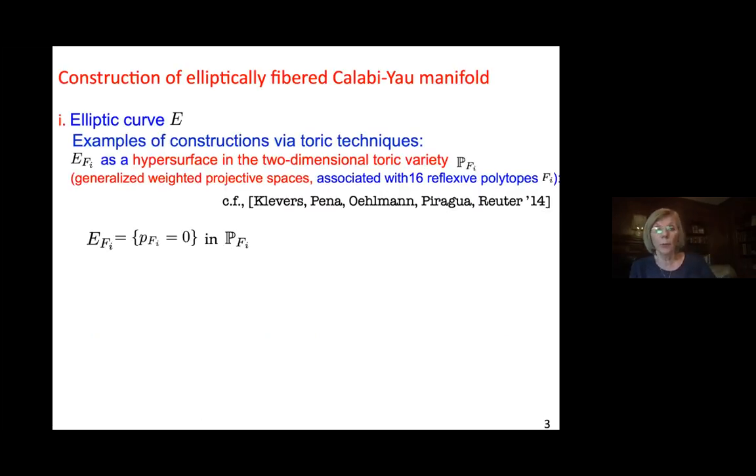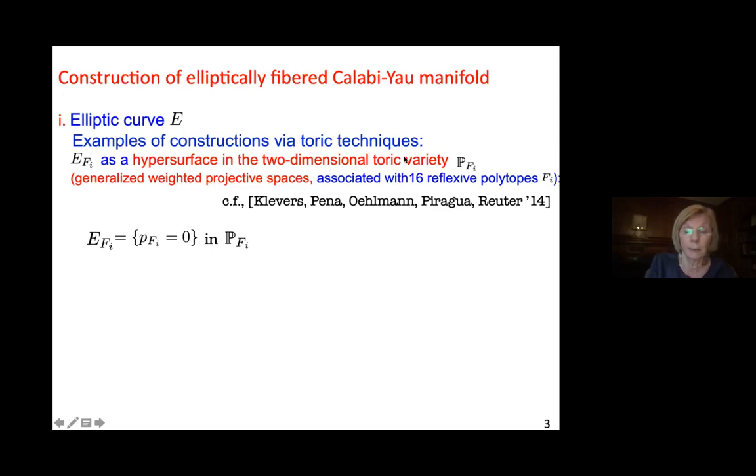The starting point is the construction of an elliptically fibered Calabi-Yau fourfold, where the elliptic curve is chosen as a hypersurface constrained in two-dimensional toric varieties, which are associated with 16 reflexive polytopes.